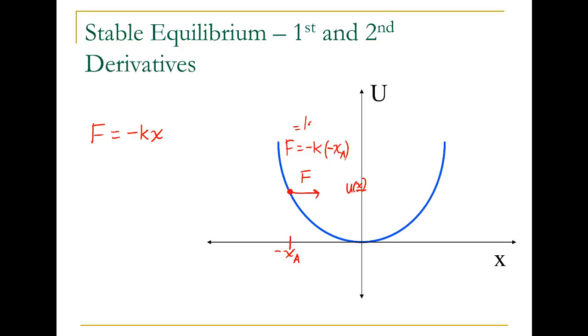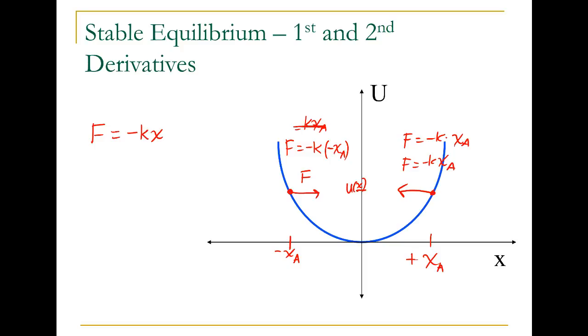So that's going to be a positive value, k x_a, a positive value for that force. Likewise, if I'm over here and I have a positive value, we'll call it plus x_a, then F is going to be negative k times x_a, and it will have a negative value for that force.